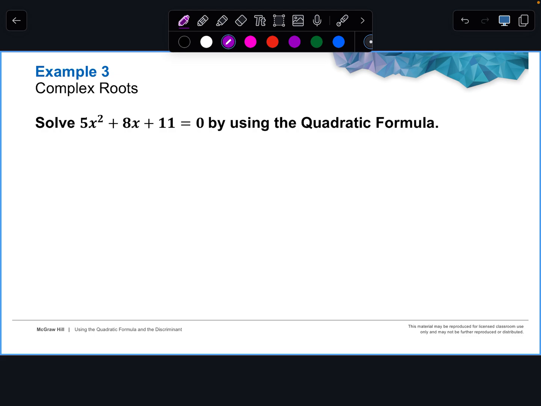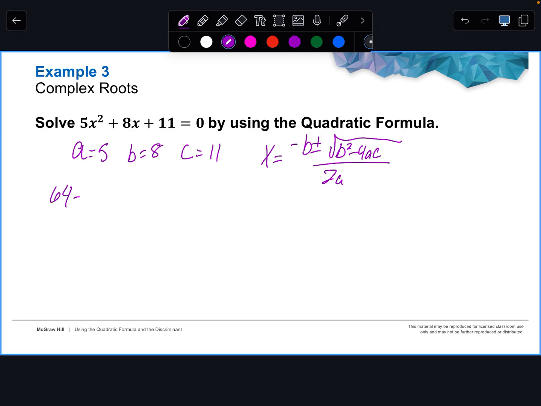What is my value here for A? B? C? Okay, so b squared minus 4 times a times c.